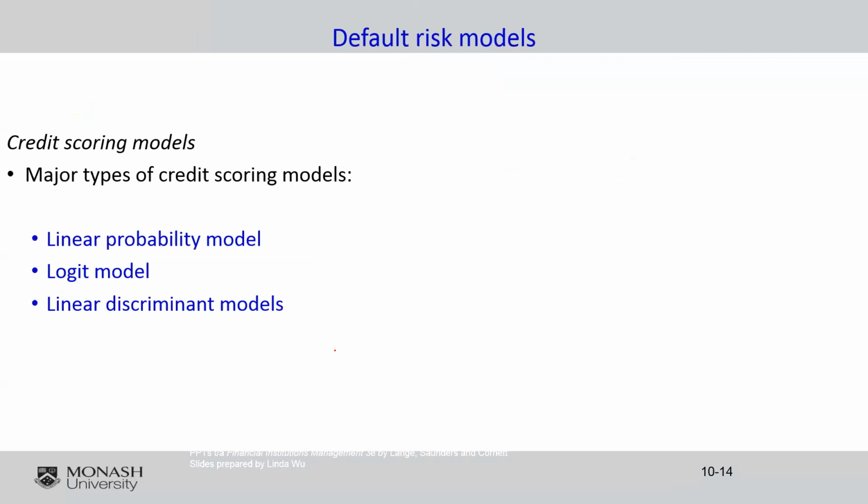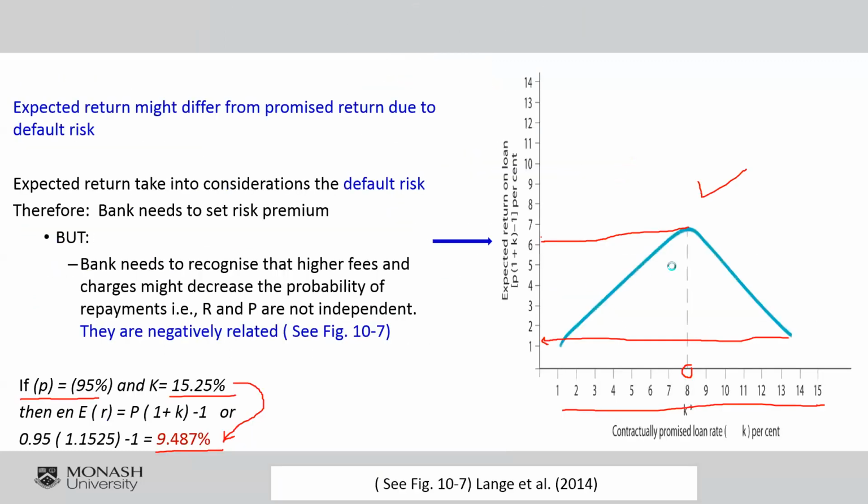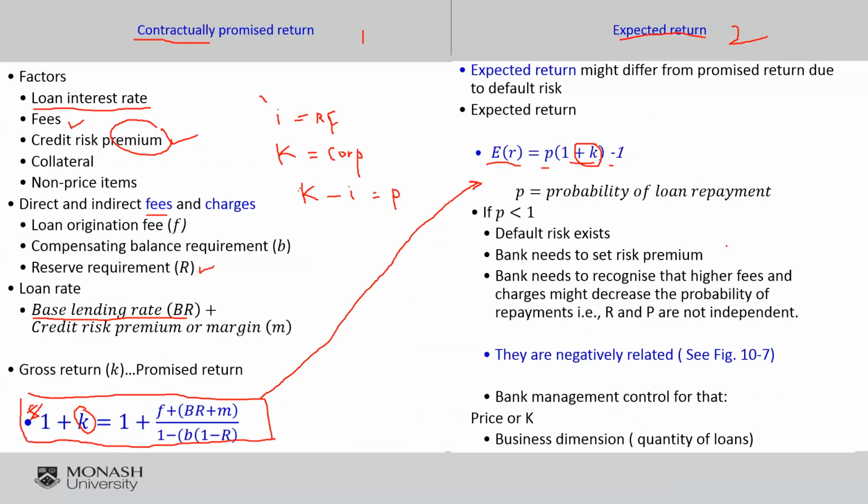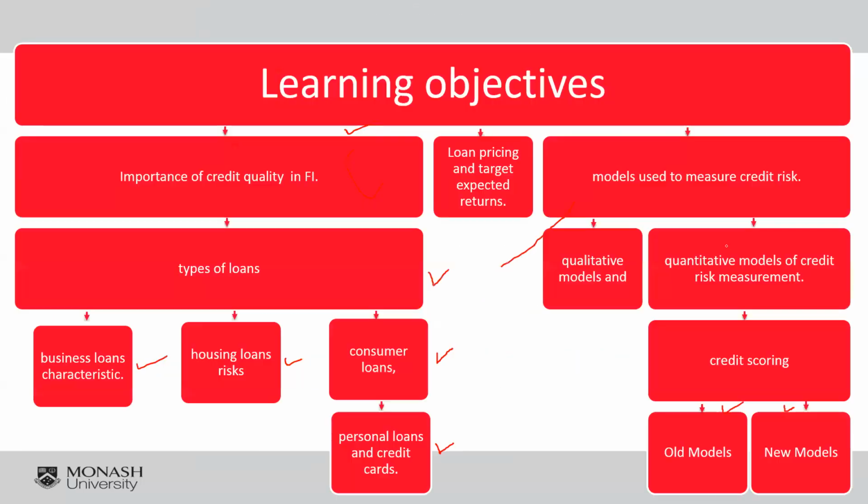So this is just some information about controlling. Now let's go to the models. You remember when we talked about the model, we are actually now in this area. We are talking about the models, which are the quantitative and the qualitative models.